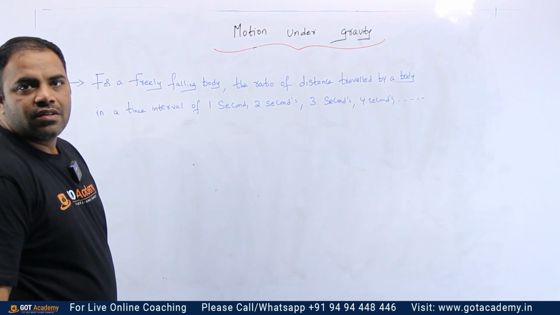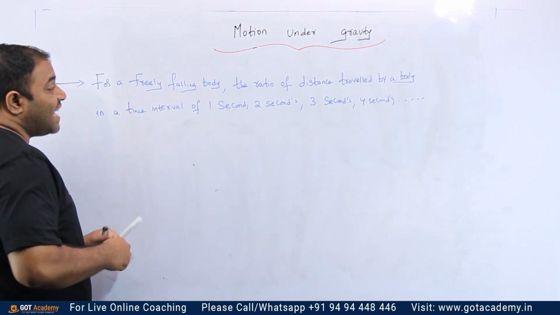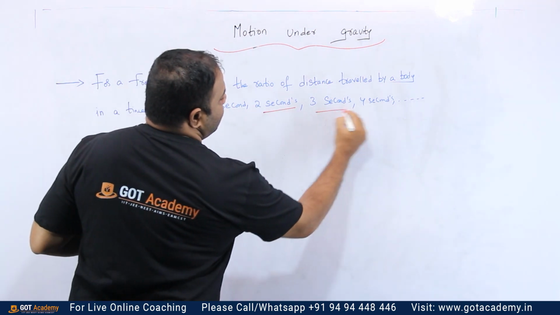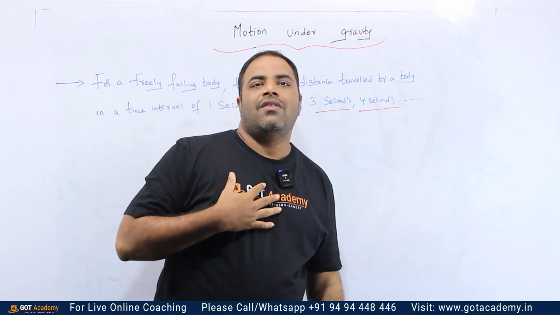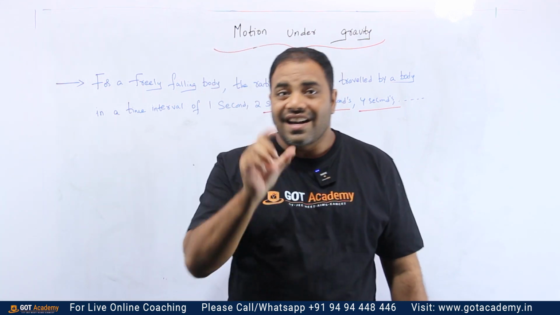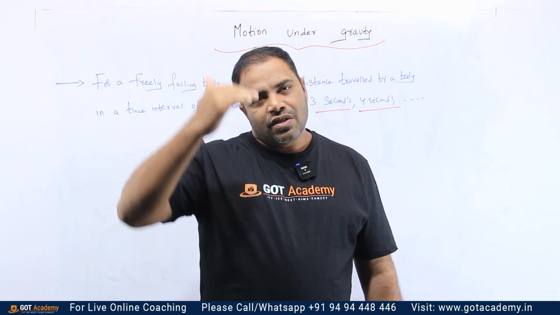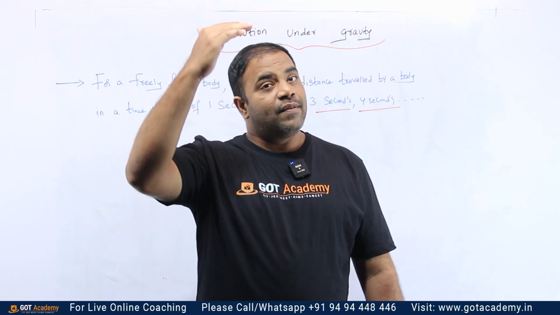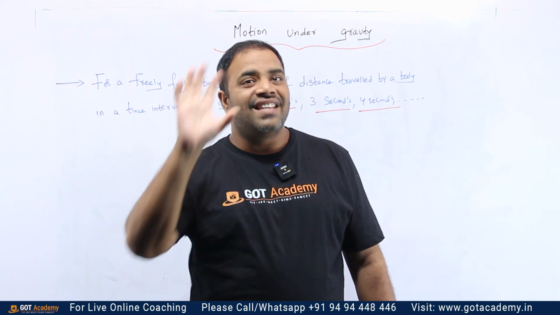So how do we calculate this? See, look, my dear children, here I am saying seconds. It means from the beginning of the journey. Understand the English terminology. From the beginning to some point is 1 second, again from the beginning to another point is 2 seconds, again from the beginning to some other point is 3 seconds.